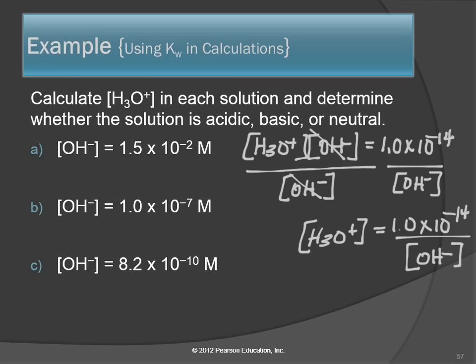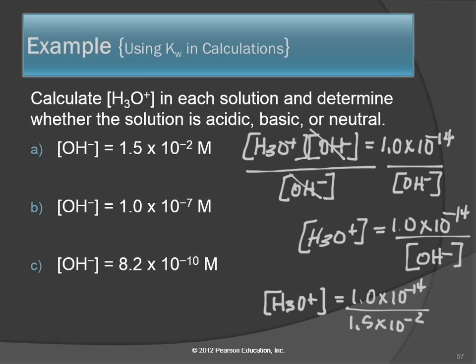And these are also numbers where you're going to need to use scientific notation on your calculator because it can't handle 1 times 10 to the minus 14 otherwise. So I'm just going to write out the first one. So for A, we've got 1.0 times 10 to the minus 14, and we're dividing by this number, 1.5 times 10 to the minus 2.